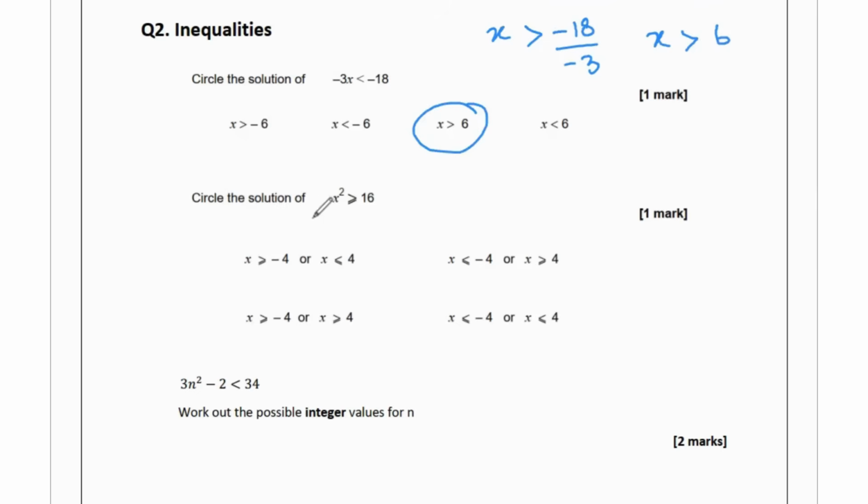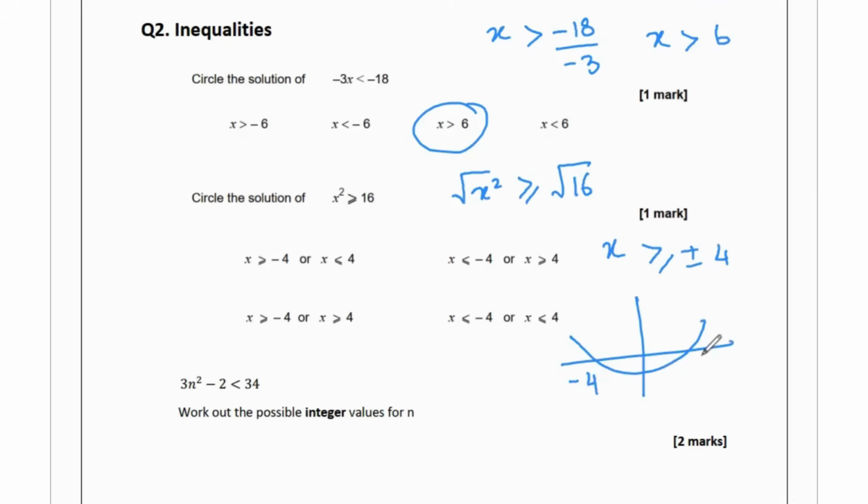And it says circle the solution of x squared greater than or equal to 16. So we will take the square root on both sides. So we get plus minus 4. So negative 4 is over here, positive 4 is over here. Since it's greater than or equal to plus minus 4, we're looking at the values above the x-axis.